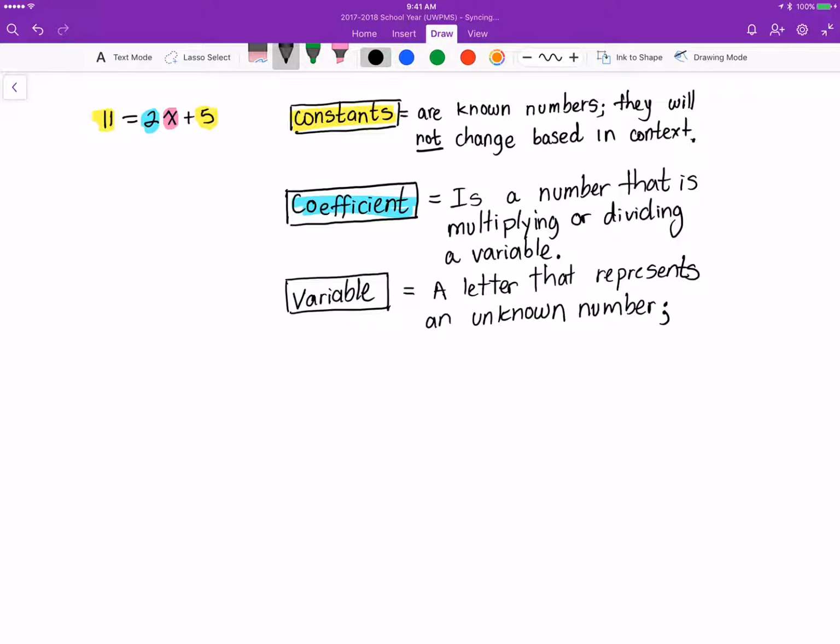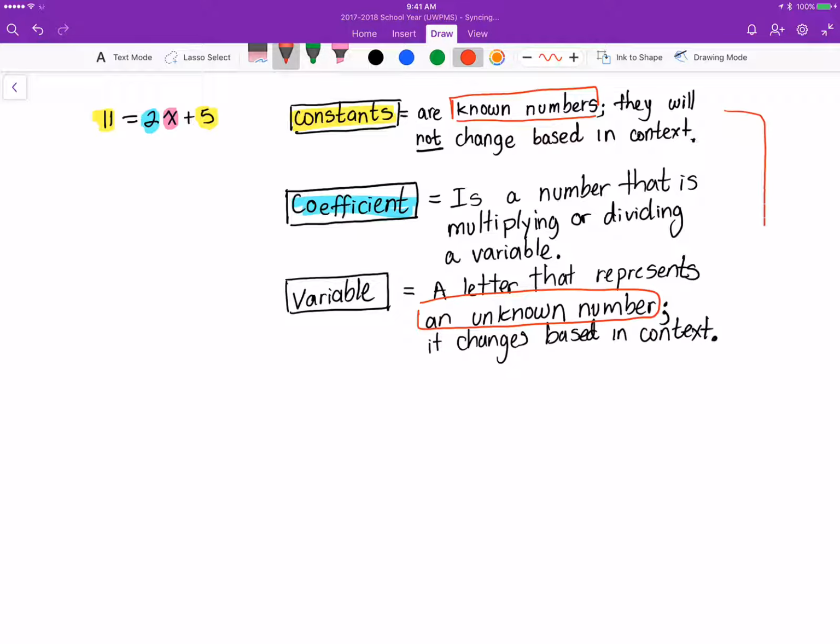It changes based on the context. Take a known number and look at the opposite, an unknown number. So they are opposite. One is known and one is unknown.